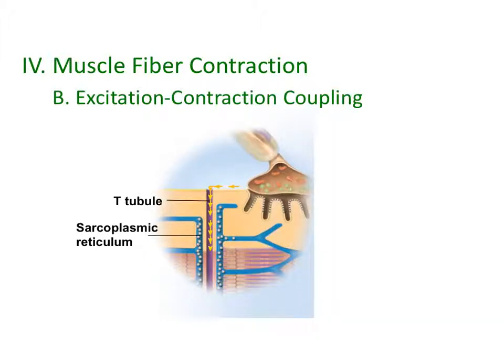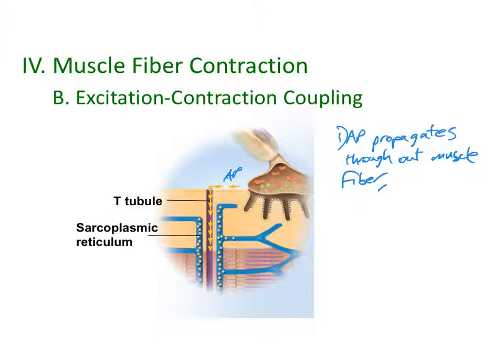So the first step of excitation-contraction coupling is the propagating action potential goes down the T-tubules. So action potential propagates throughout muscle fiber, including down the T-tubules.